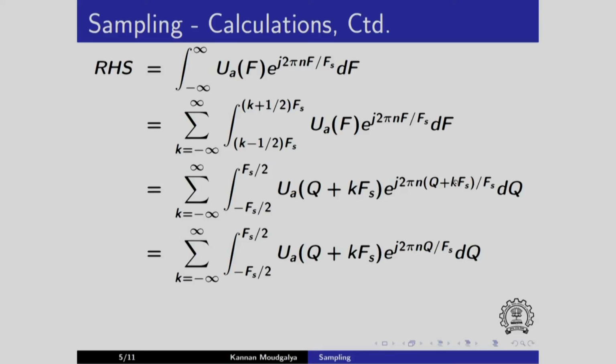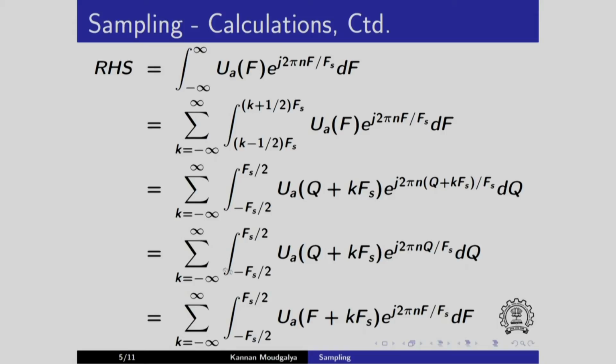As a result, you will get this back because this expression is periodic. So you will get this back, and after that what I will do is I will replace this q by f, because notice that this q is a dummy variable, I can replace it by f.